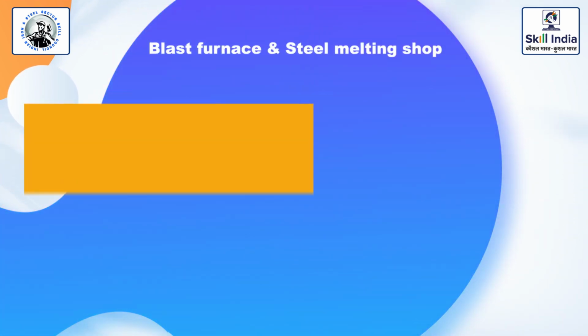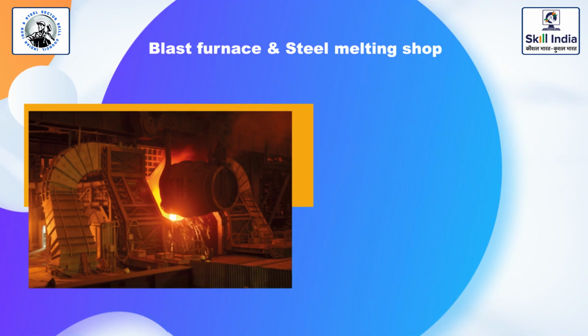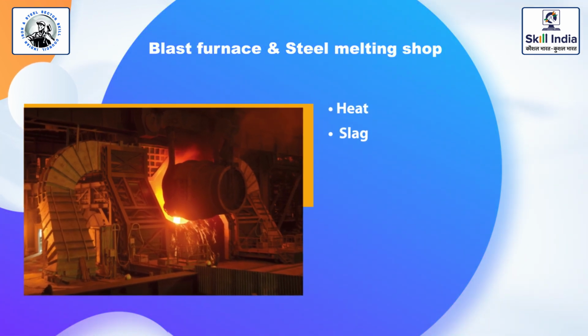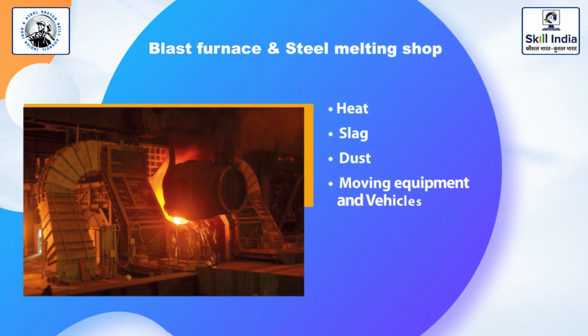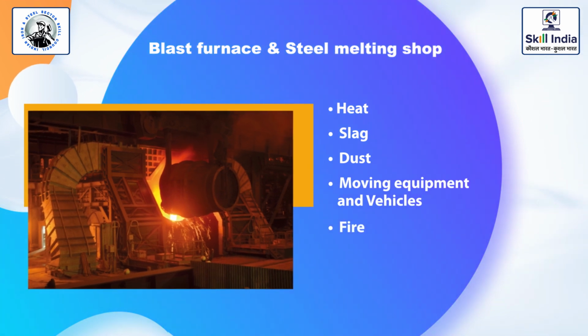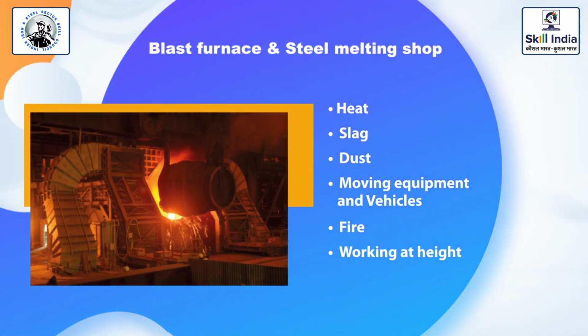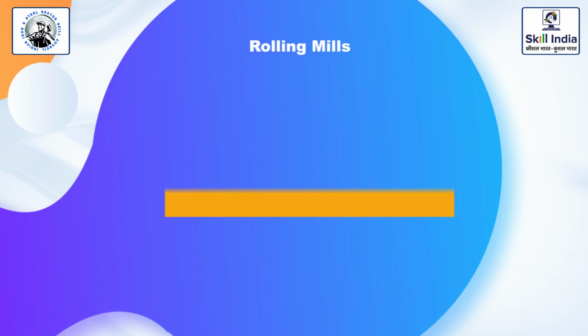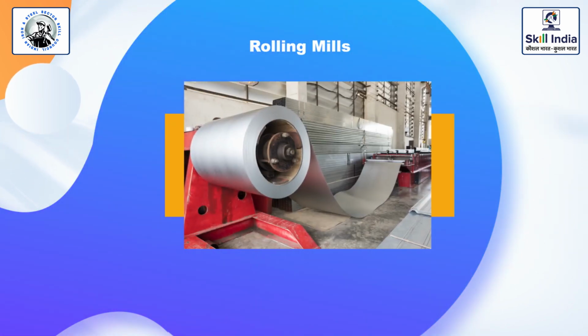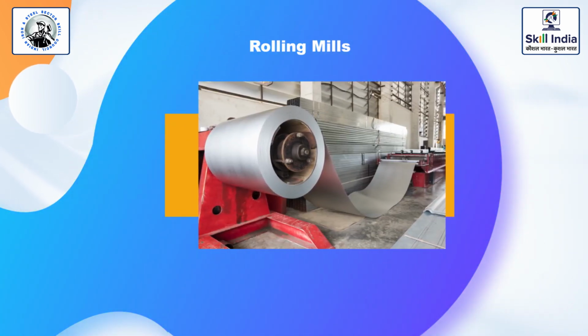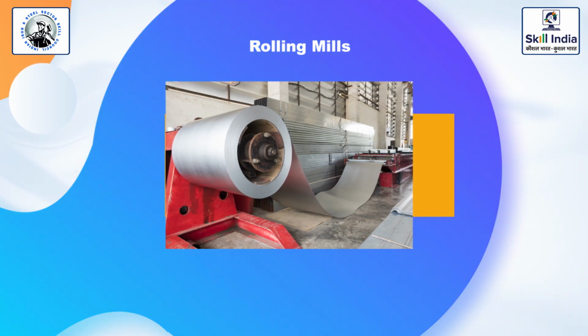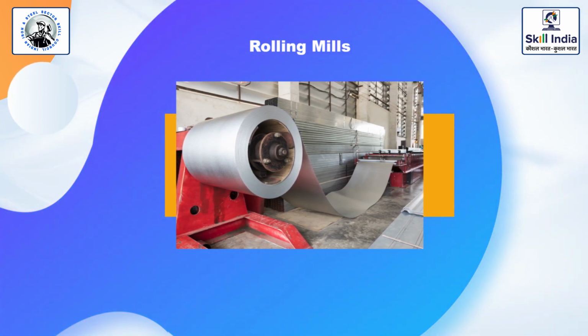Now you have a blast furnace and steel melting shop, where gas poisoning, heat, slag, dust, moving equipment and vehicles, fire, and working at heights are hazardous. Next up is rolling mills, where you can suffer injuries due to moving equipment, heat, suspended loads, splinters, and slippery floors.